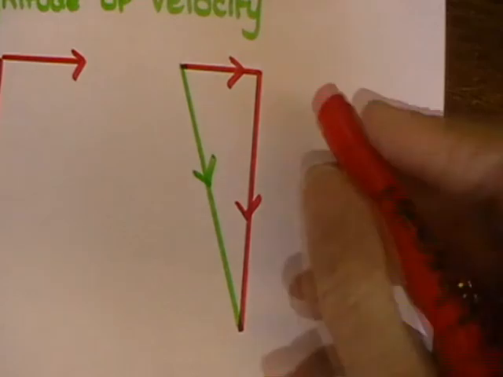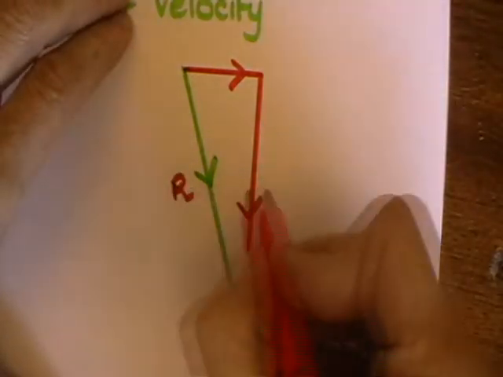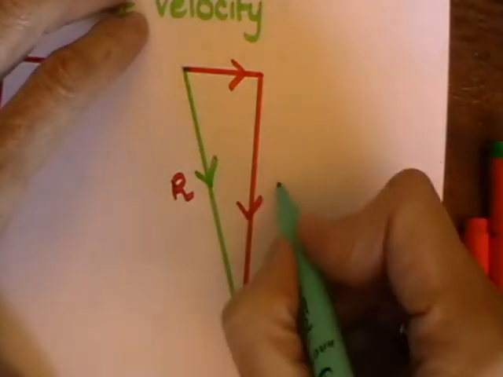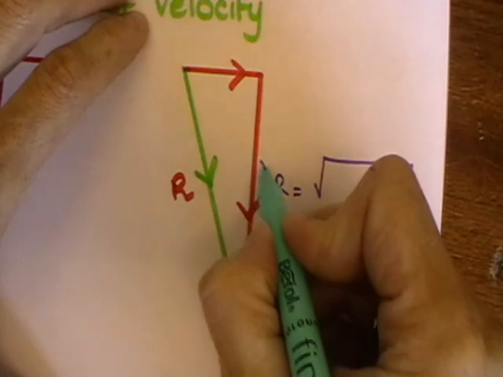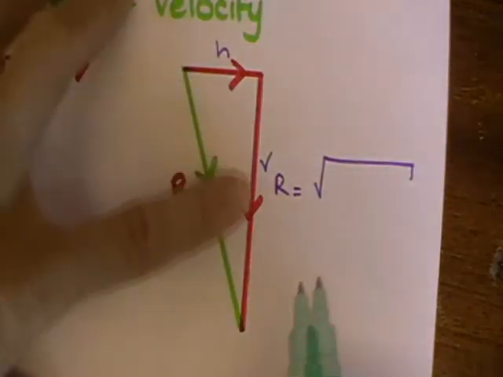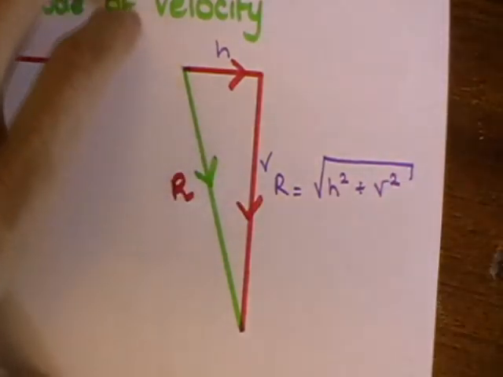So you use Pythagoras' theorem to find that, and we'll call it R. So R is equal to the square root of, I'll just call this V and that H standing for horizontal and vertical velocity. So H squared plus V squared. Last thing you might have to find is the angle of impact.